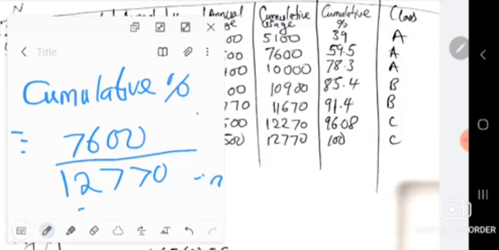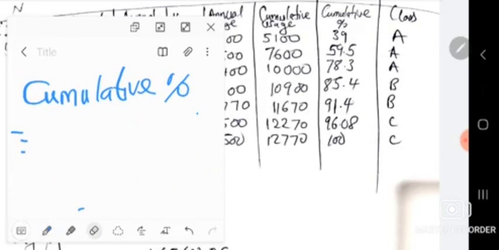Once you're done, we now classify the items. That's why it's called ABC. You can only classify them in those three groups. I can give you a trick. A items would range from, let's just say, 0 to 80. This is just to simplify things. From 0 to 80, that's your A items.